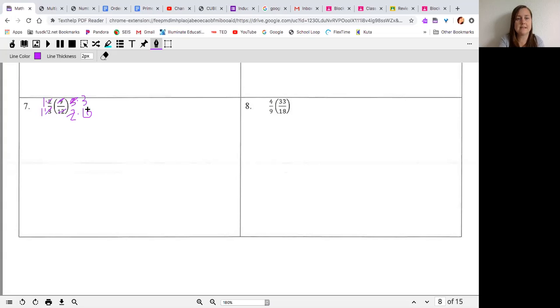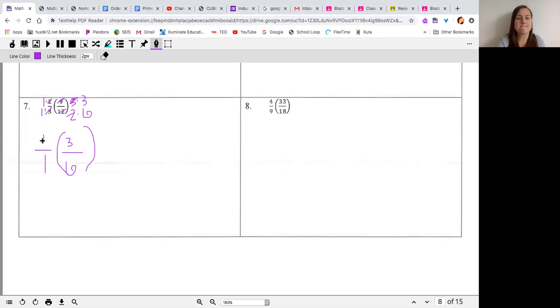So I will clean this up for the students who need that to be cleaned up. Okay. So I'm cleaning this up. 1 over 1 times 3 over 6. Oh yeah, we can make that smaller.